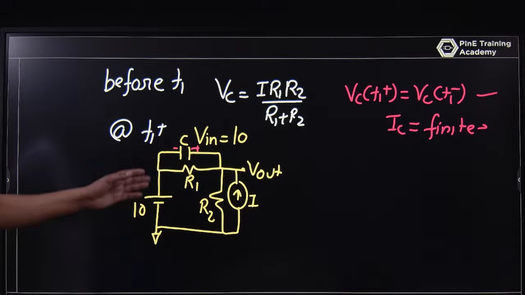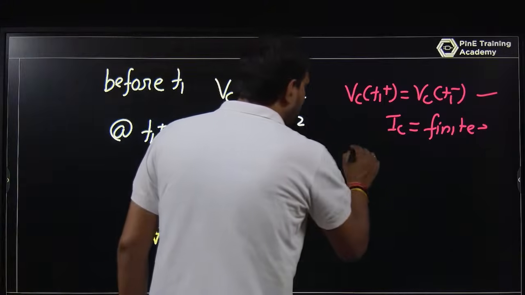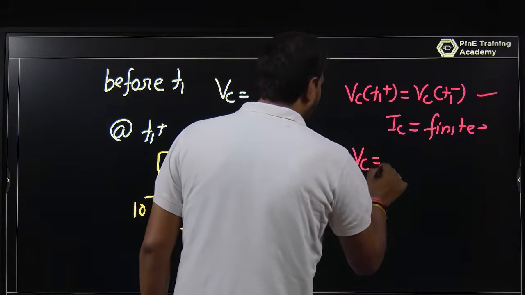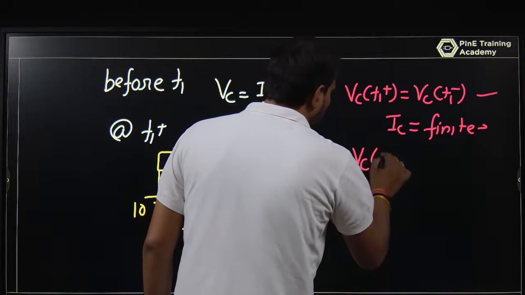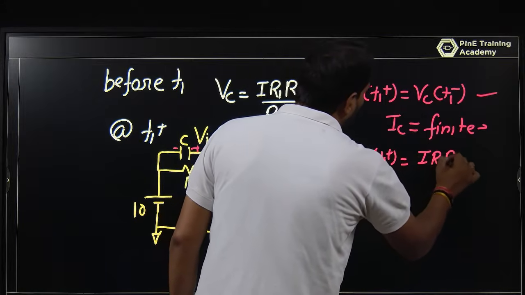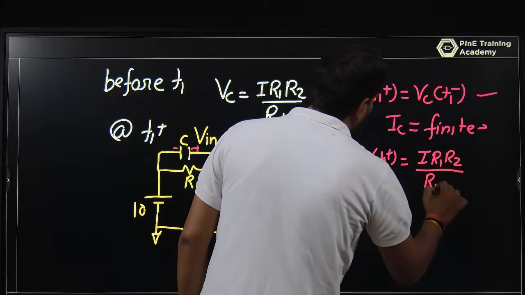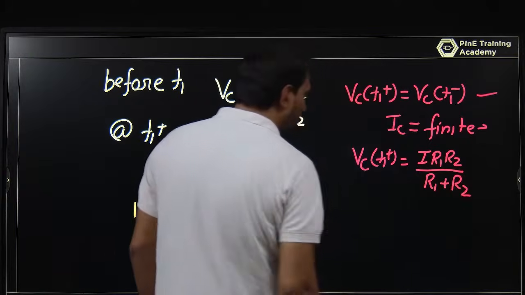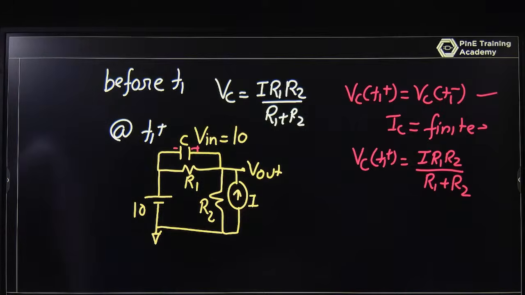The capacitor maintains VC at T1 plus equal to VC at T1 minus, which is I into R1 R2 upon R1 plus R2. It remains the same.